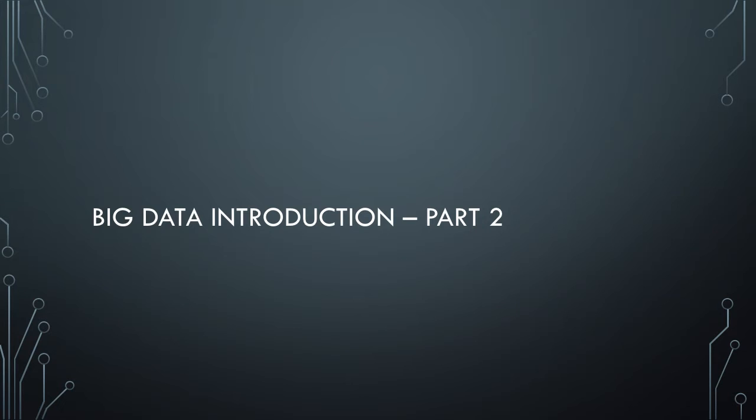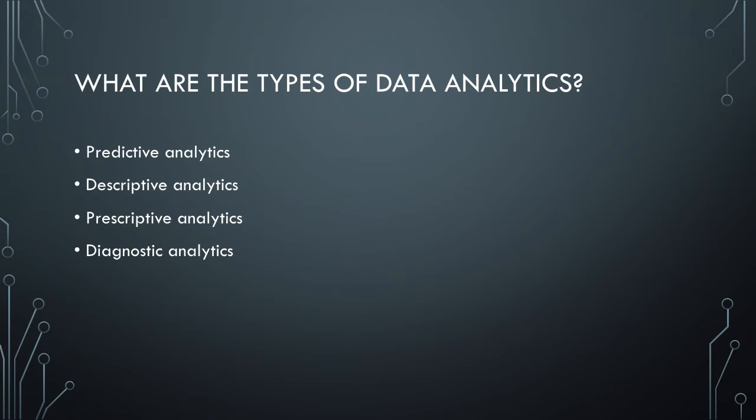As we discussed in Part 1, in this video we are specifically going to talk about types of analytics in the Big Data subject. So what are the types of data analytics? There are four types of analytics to my knowledge.